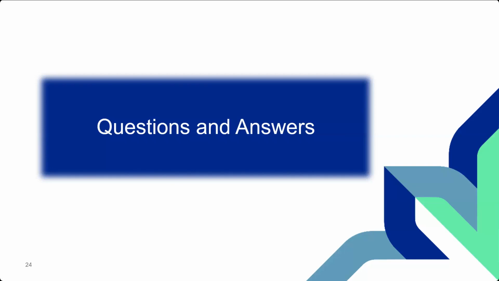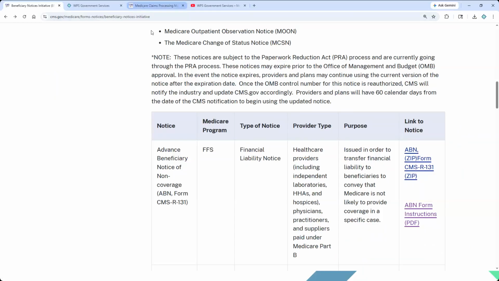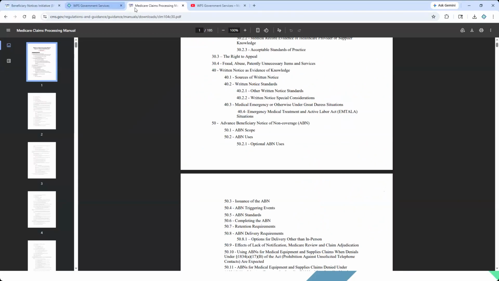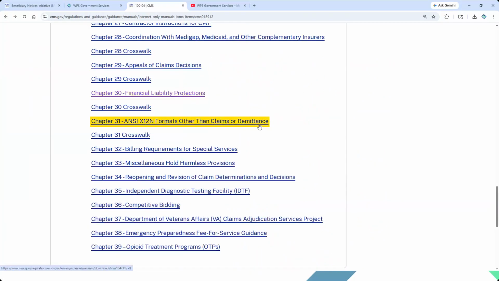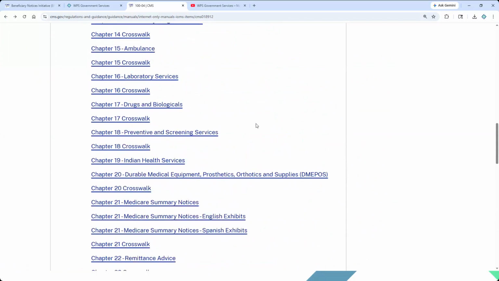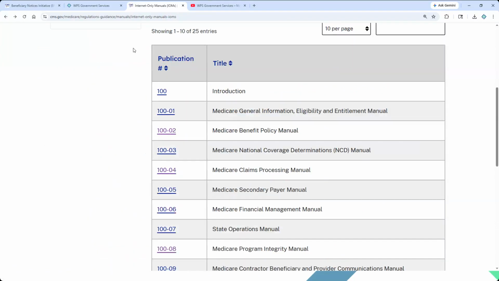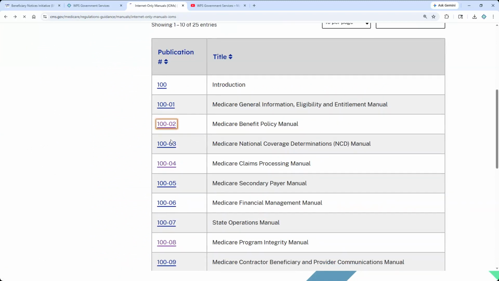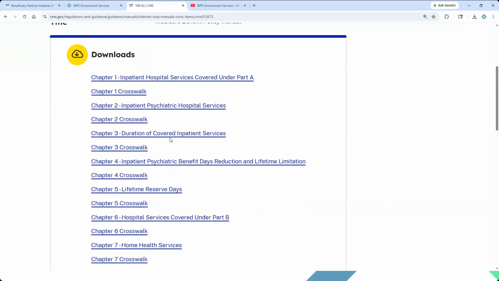Okay. Also, in the Medicare policy manual, our benefit manual, sorry, on cms.gov, remember we went out to regulations. I need to back up just a little bit more here. You're going to go into 100.02, the Medicare benefit policy manual. Once you're in 100.02, you're going to scroll down.